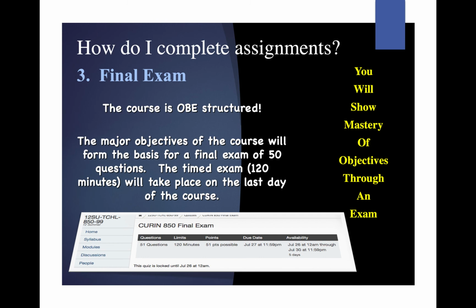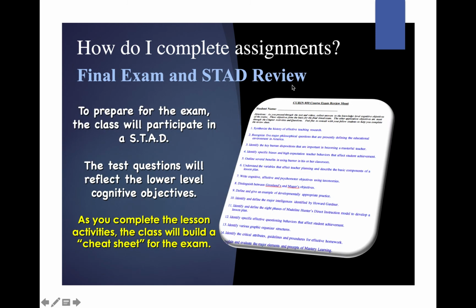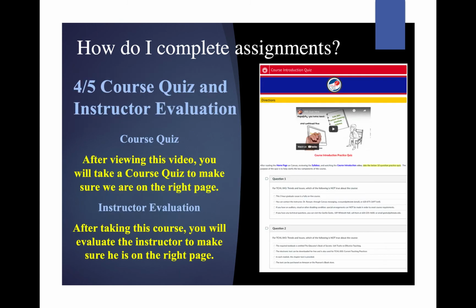We'll study a wide variety of ideas, and so to show mastery over the objectives, you're taking a 50-question test at the end. And to get it prepared, like we said, we complete a community activity, a stat activity, where each of you will write about 2 or 3 questions, answer, get the best cheat sheet you can, and we'll have it completed before the test so you can use it as a cheat sheet for the exam.